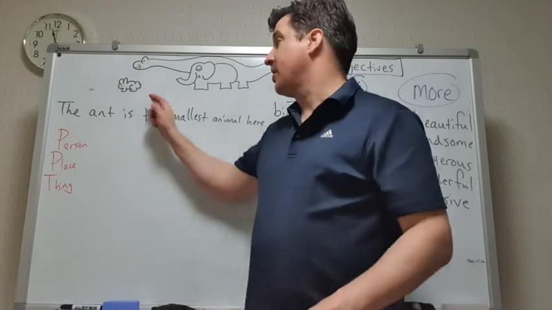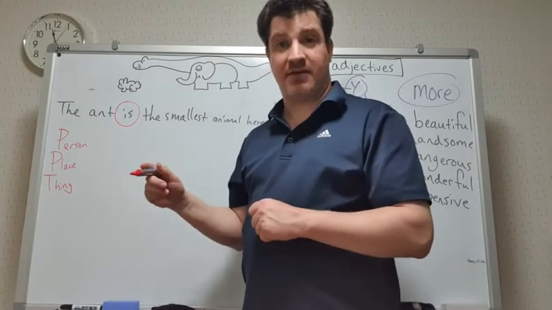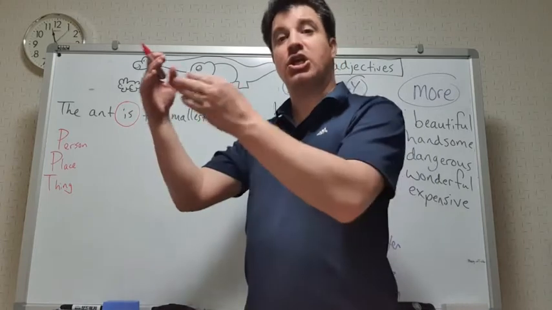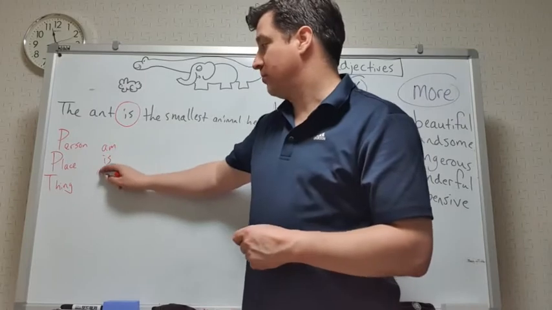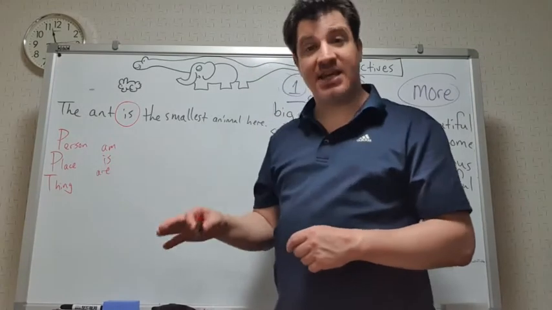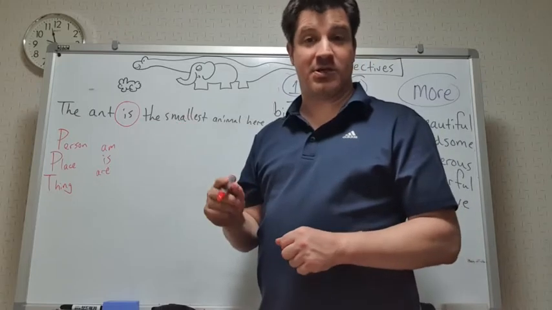And again, you are going to be using a verb. You need to include a verb. Again, usually am, is, or are. It does not need to be, but that usually is the style that you're going to be doing.